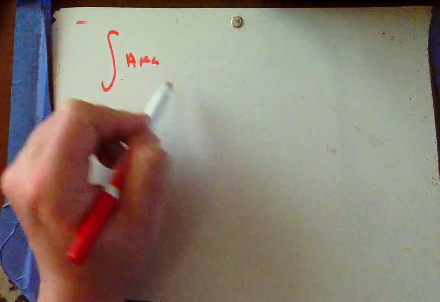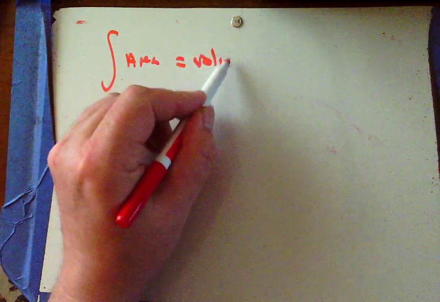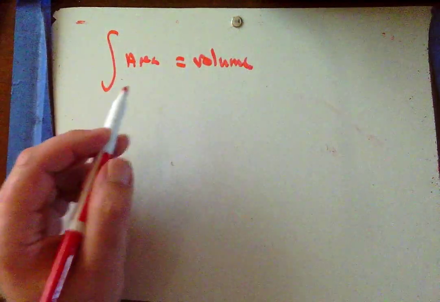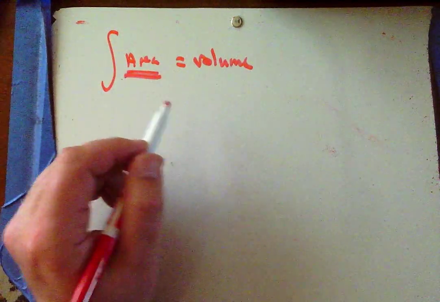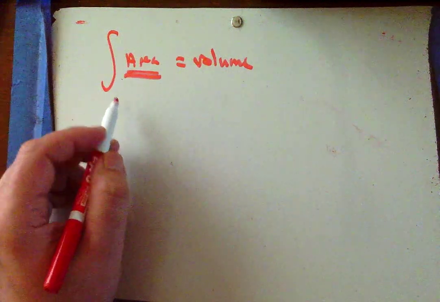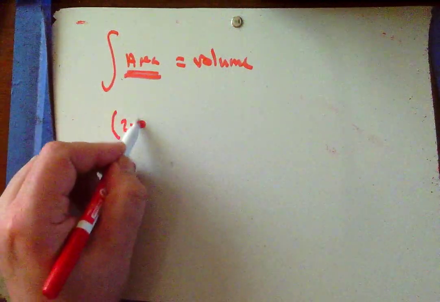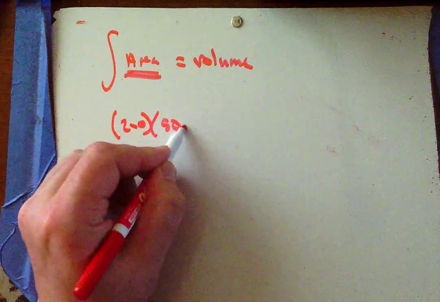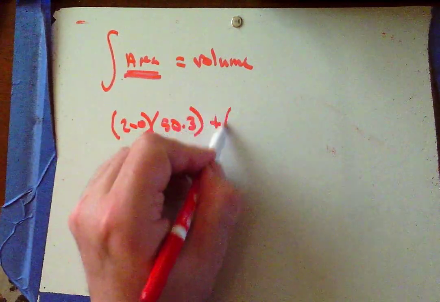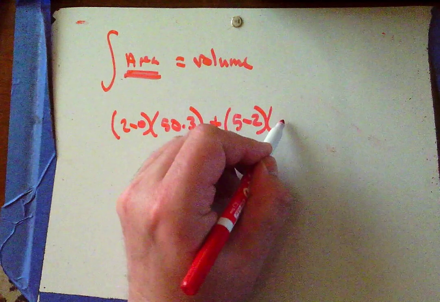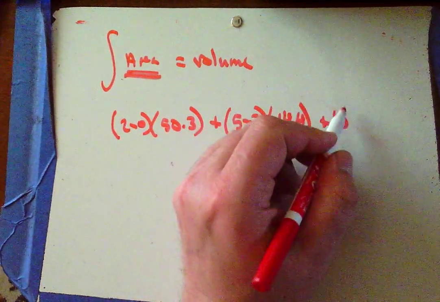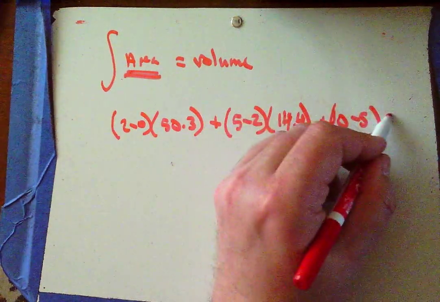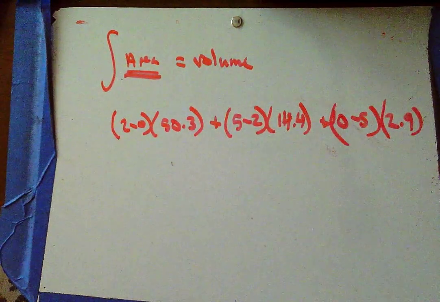Okay, so I know that when I integrate area, I get volume. I'm integrating this area function, and they said a left Riemann sum, so 2 minus 0 times the first area plus 5 minus 2 times the second area plus 10 minus 5 times the third area.